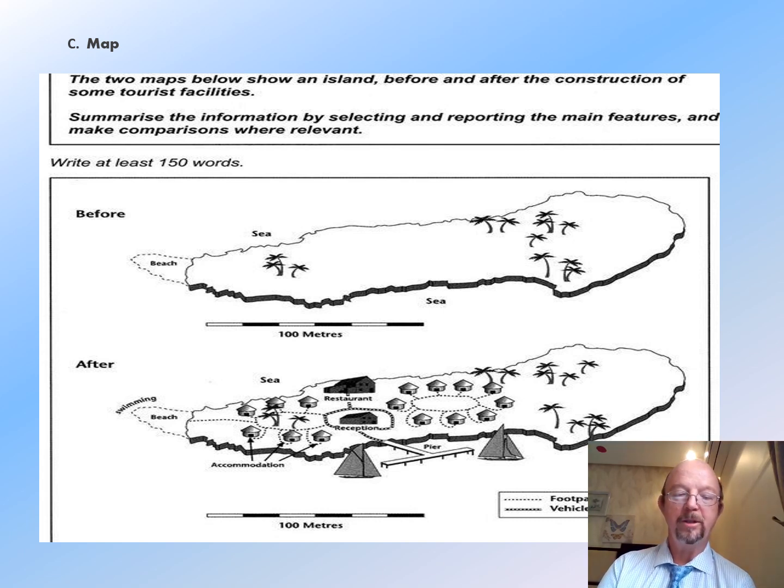They have built some reception area, and some housing is also on the island now. And they have a pier and some sailing boats there that can be used maybe for entertainment, where swimming is also now allowed on the beach. So these are all the elements that you need to include in the report to write about the changes that have happened.